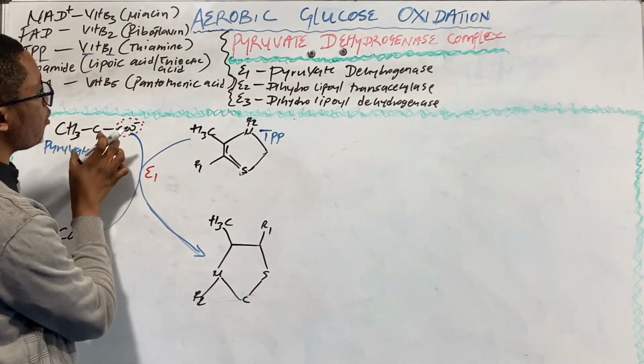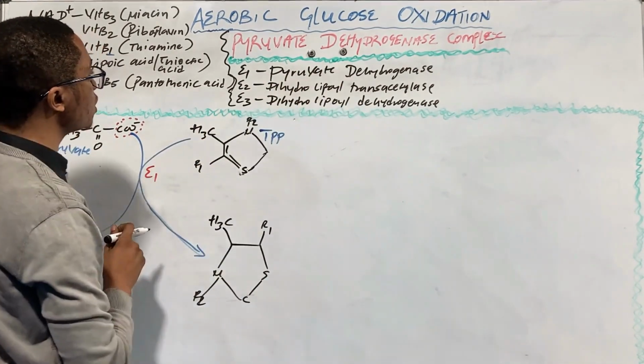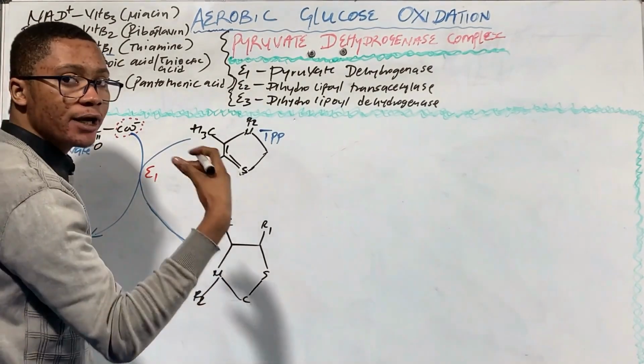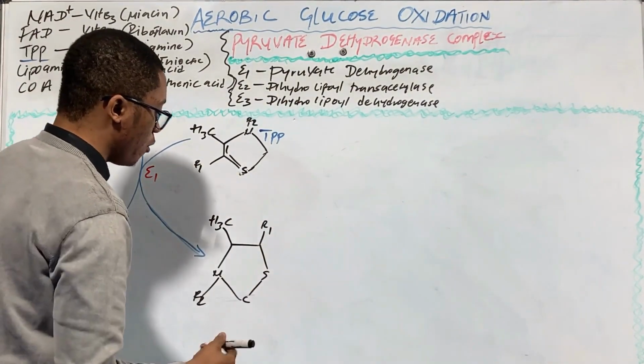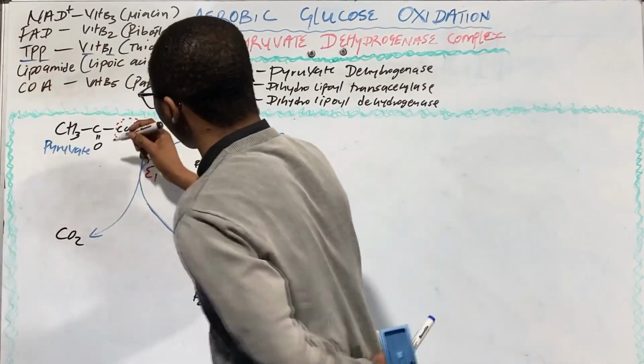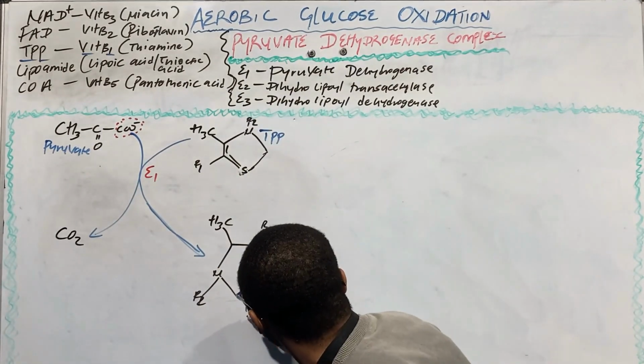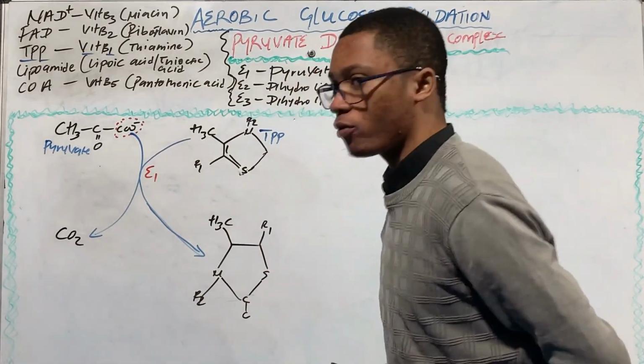So the reaction of pyruvate with this pyruvate dehydrogenase complex, which is attached to thiamine pyrophosphate, forms hydroxyethyl thiamine pyrophosphate. This carbon comes here from here, and it attaches to this carbon of thiamine pyrophosphate.